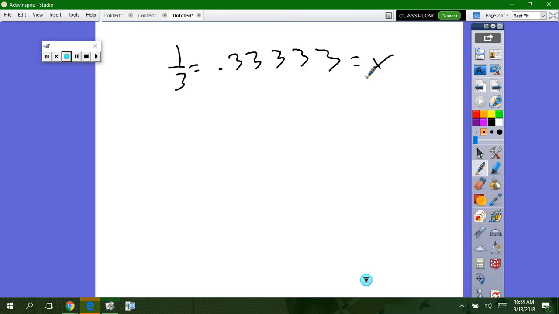Okay, so watch this. Just pay attention for me. I'm going to times this side by 10x. What do I times this side? 10, right? Because this is x. So this would be 3.3333 repeating, correct? What's 10x minus x?